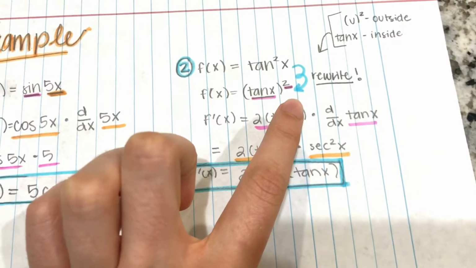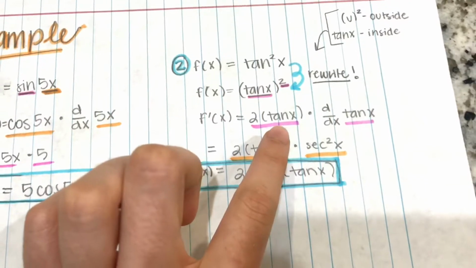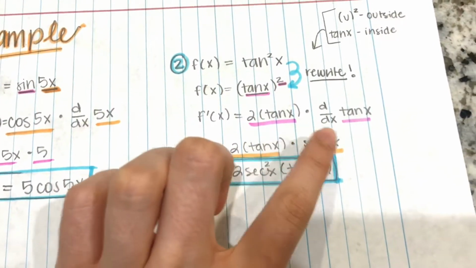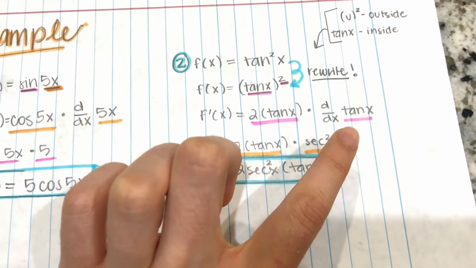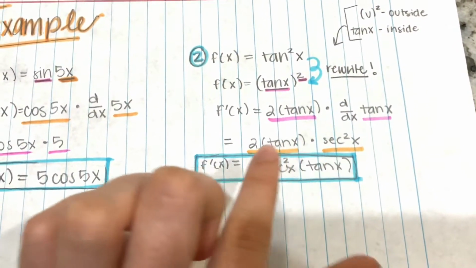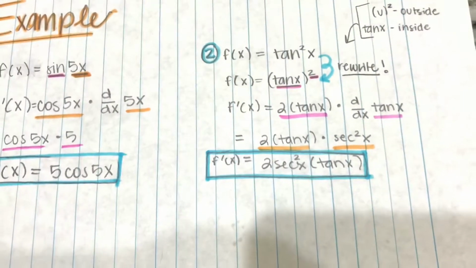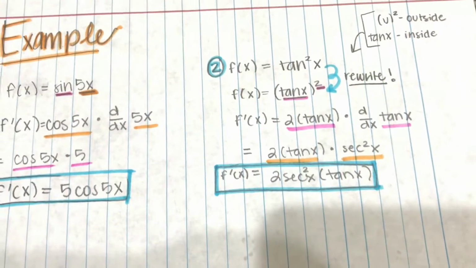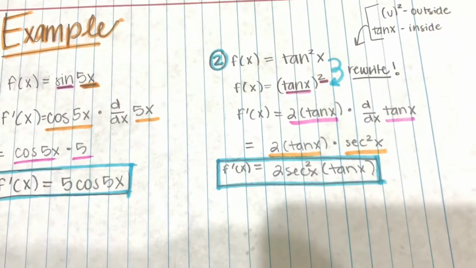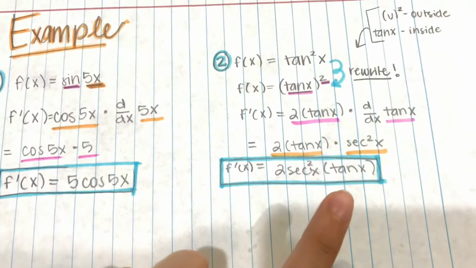I find the derivative of the outside term first, which is 2u, keeping the inside term the same: 2 tan x, times the derivative of the inside term, which is tan x. The derivative of tan x is secant squared x, so I multiply both terms together: 2 tan x times secant squared x gives me the statement that the derivative of tan squared x is 2 secant squared x tan x.